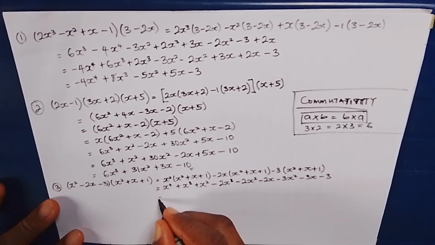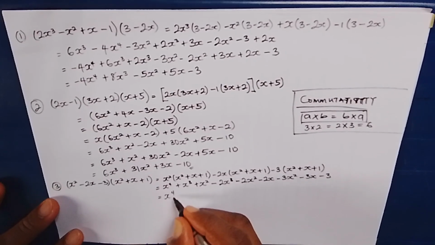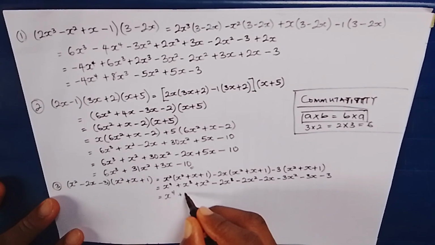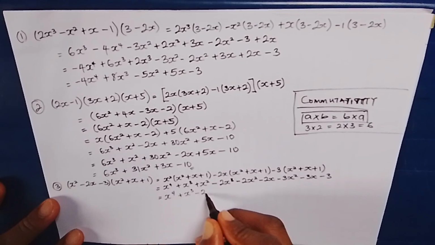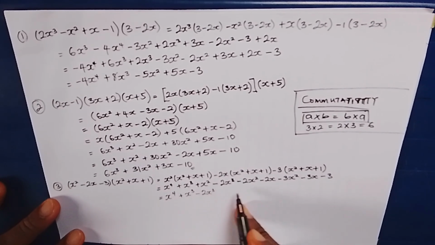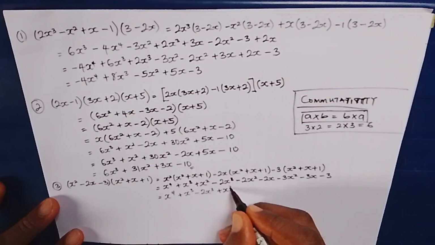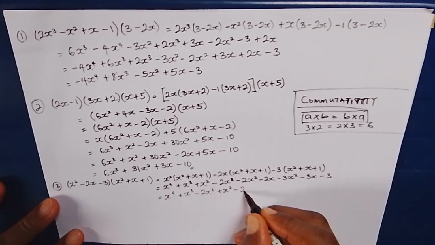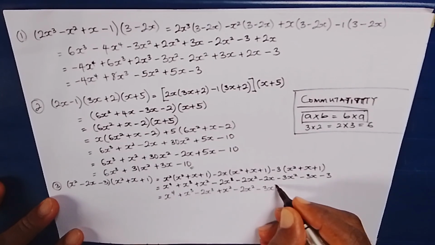Now let us collect like terms. So x raised to the power 4 stands alone. X cubed, we have x cubed plus x cubed minus 2x cubed. Any other x cubed term? No. So x squared plus x squared minus 2x squared minus 3x squared.